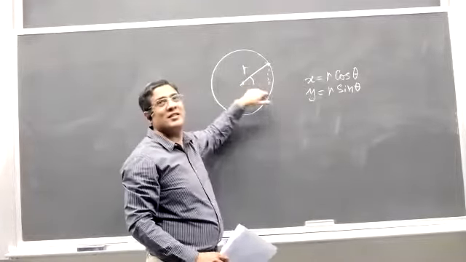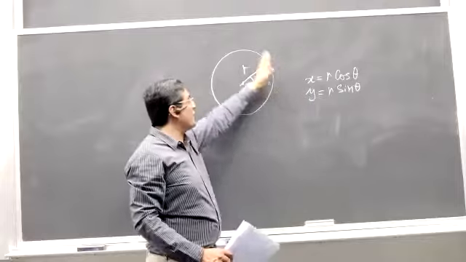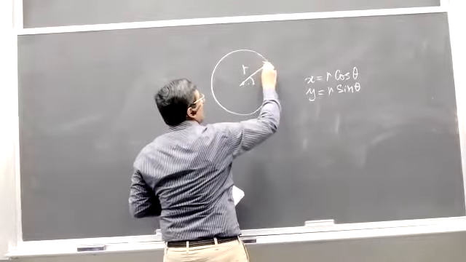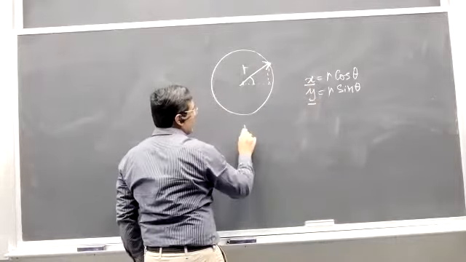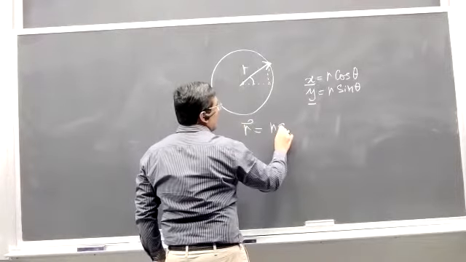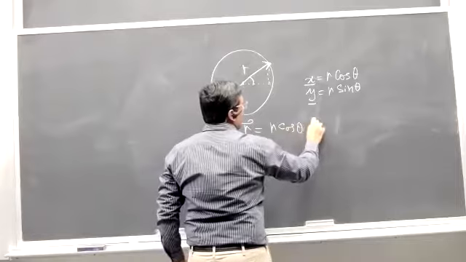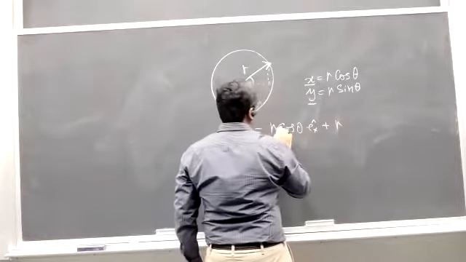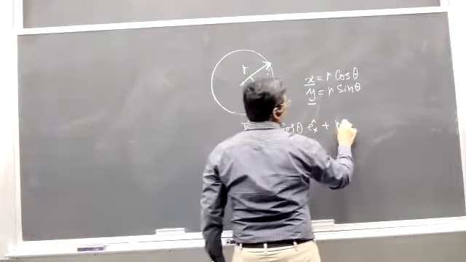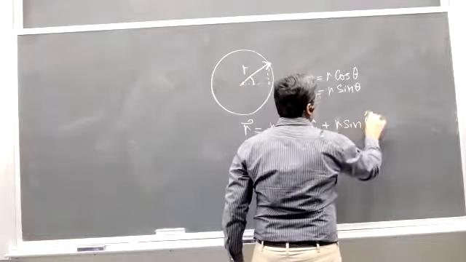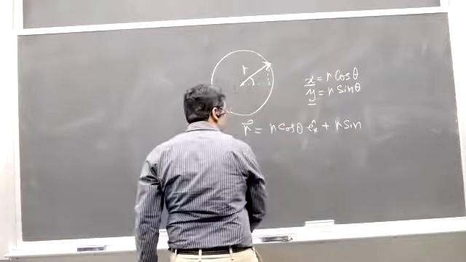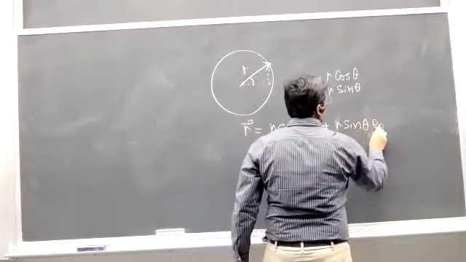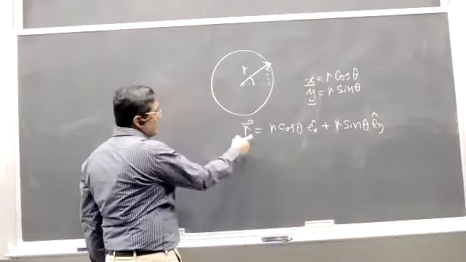You're dealing with a vector, because both variables are changing, x and y are changing in time as this vector rotates. So we work in Cartesian coordinates there, and there we write this position vector as r cosine theta ex plus r sin theta ey, where r is just the magnitude. And that gives you the position.